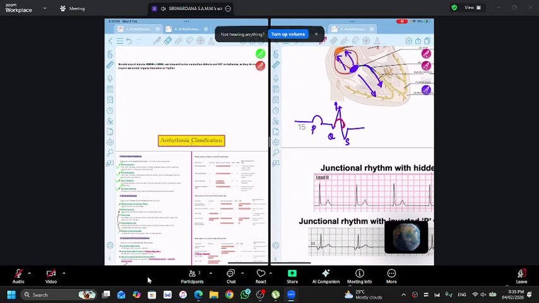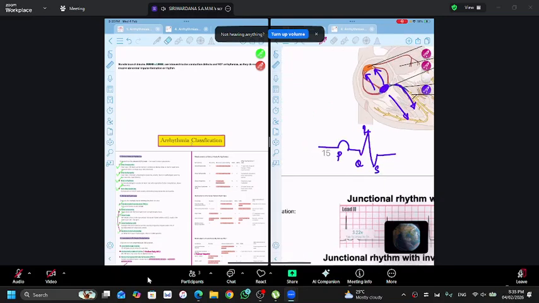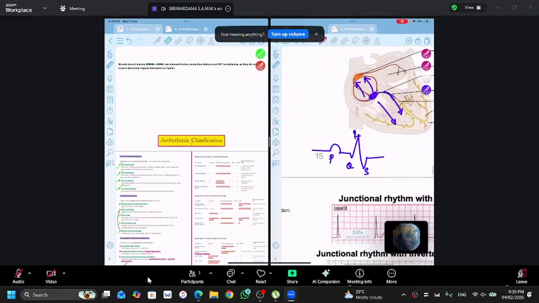That is one thing that can happen. Or maybe the P wave can occur before the QRS complex, like atrial depolarization can happen slightly before ventricular depolarization. Then the P wave will appear immediately before the QRS complex.